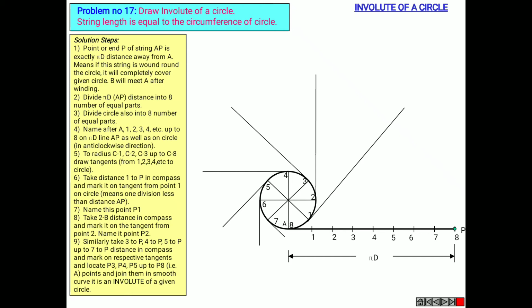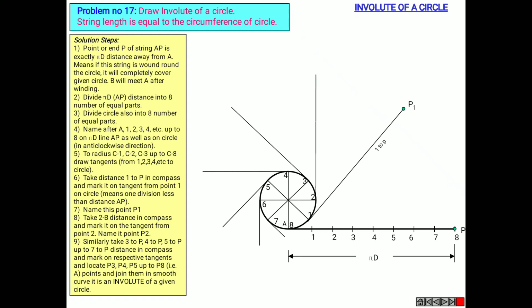Now by taking your compass, measure from the circumference 1 to P and mark the point on the tangent 1. So 1 to P gets you P1.